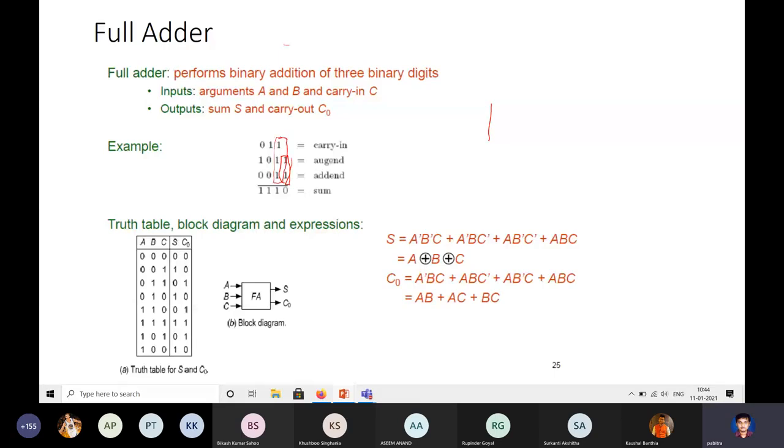So you need some kind of full adder circuit whose input would be A, B, and this carry, which we call the carry in. The third term. And the output would still be sum and carry out.